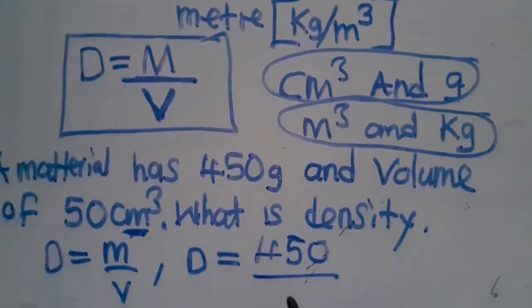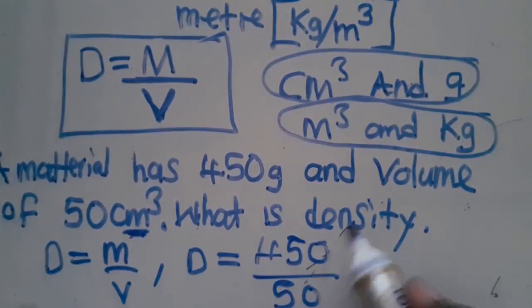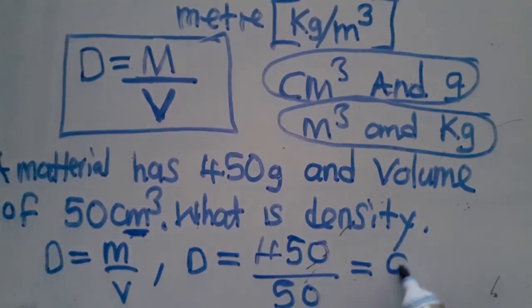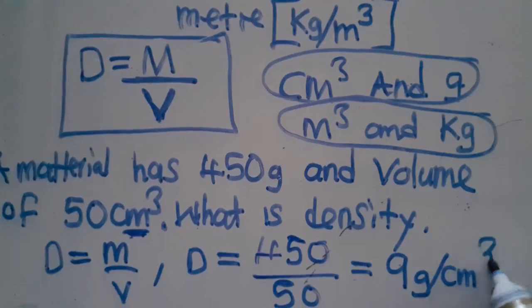What is your volume? 50, which is equal to, when you divide, 9 grams per centimeter cubed. This is your answer. This is how you need to answer and work it out. I want you to understand this.